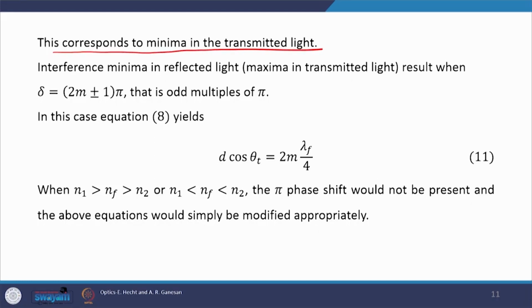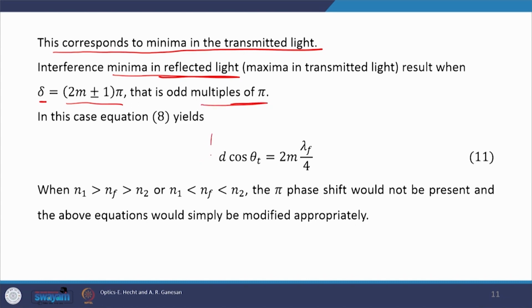Now, once the maxima is known, let us calculate the minima in the reflected light. How to calculate the minima? The phase should be 2m plus minus 1 pi, that is odd multiple of pi.